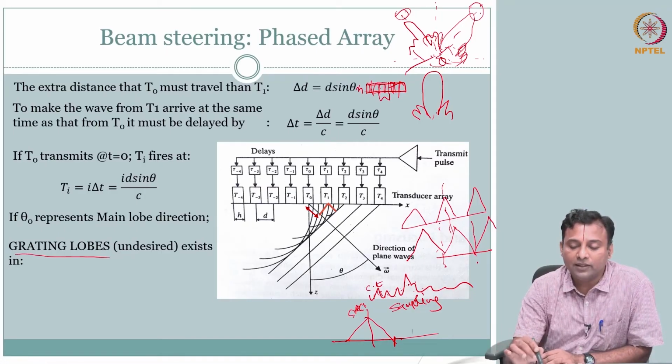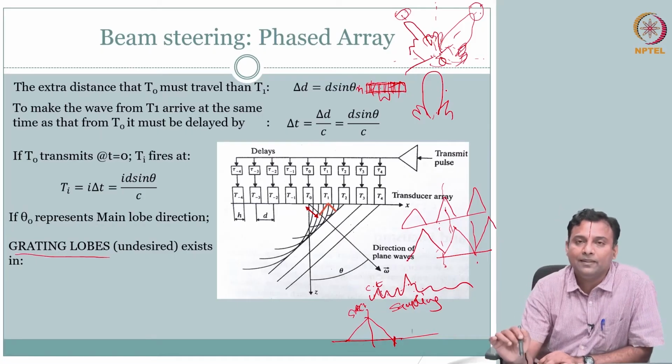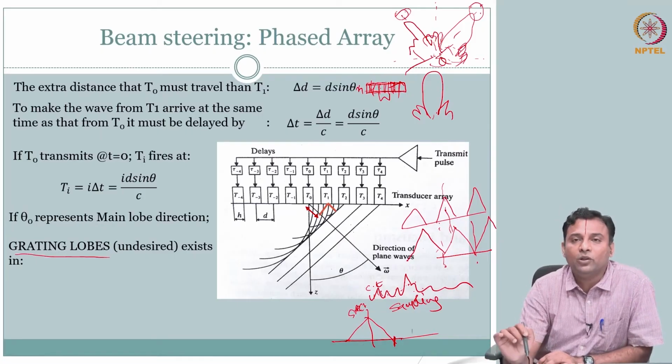I have one crystal here, another crystal here, another crystal here. So I have samples, different crystals at different locations. I have made it from one continuous piece of crystal to multiple discrete crystals, each located at some spatial location, right. So what would you expect?